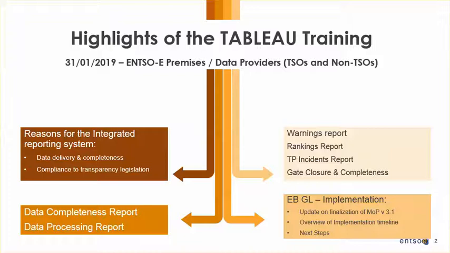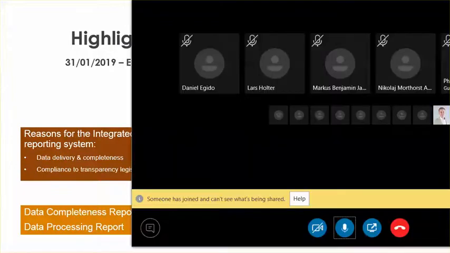And then we are also going to be dedicating a slot to talking about how we intend to implement the requirements stemming from the electricity balancing guidelines on transparency within the transparency platform. So how we're going to be actually also showing the data related to that regulation on the transparency platform.